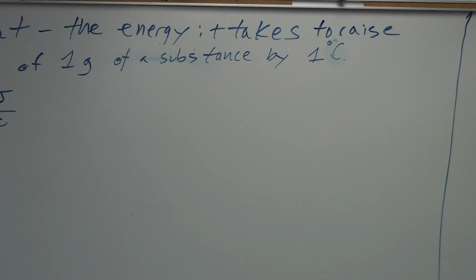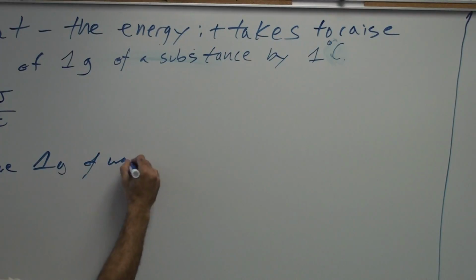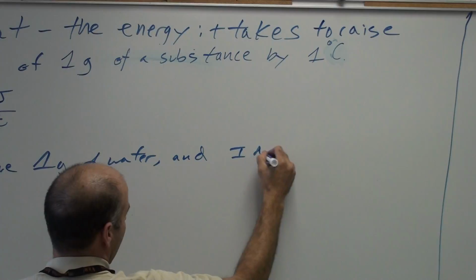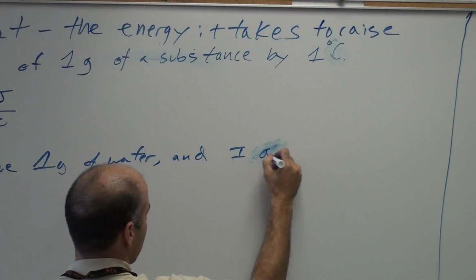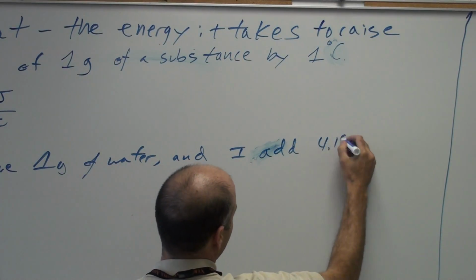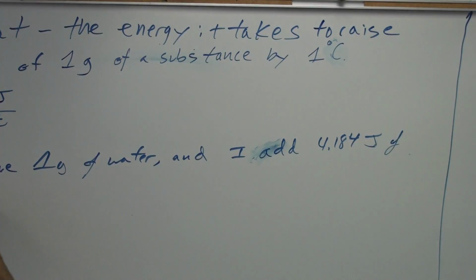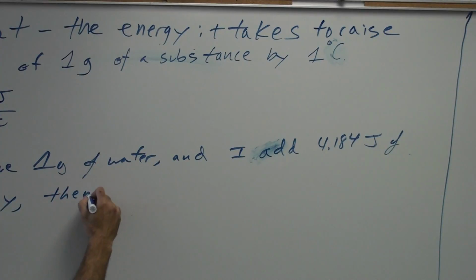So that's specific heat. Now, what does that mean? So, if I have 1 gram of water, and I add 4.184 joules of energy, the temperature will go up by 1 degree.